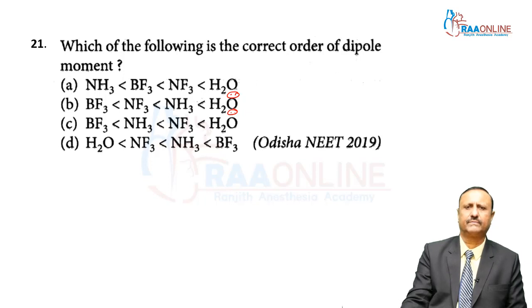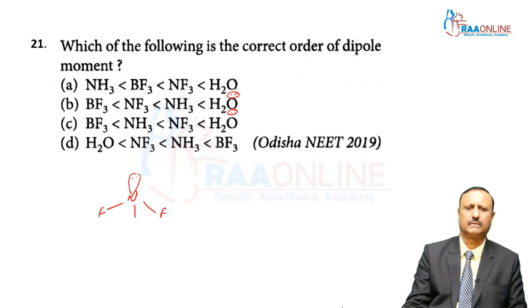Now, we can see here NF3, my dear students. NF3 dipole moment is 0, because in NF3, two fluorine atoms, this F and F, cancel the dipole moment with each other, and the third fluorine atom cancels the dipole moment of the lone pair of electrons present above.